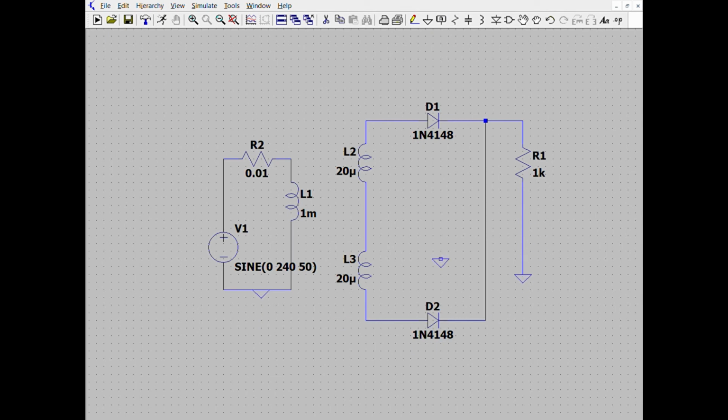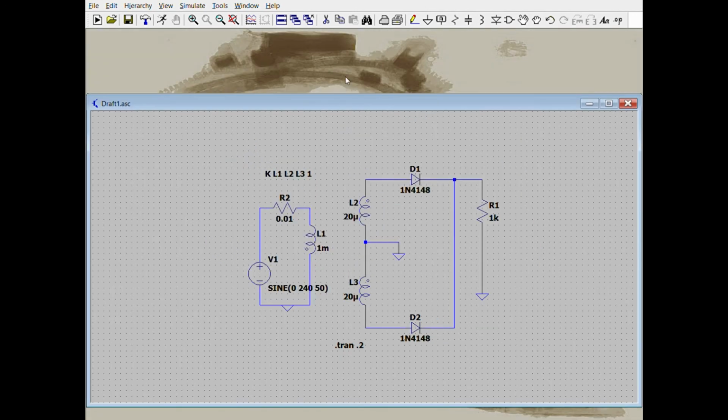And just like I said before, since this is a full wave center tap, we have to put a ground in the middle. Okay, then before we run the circuit, we have to put an input and output point first.